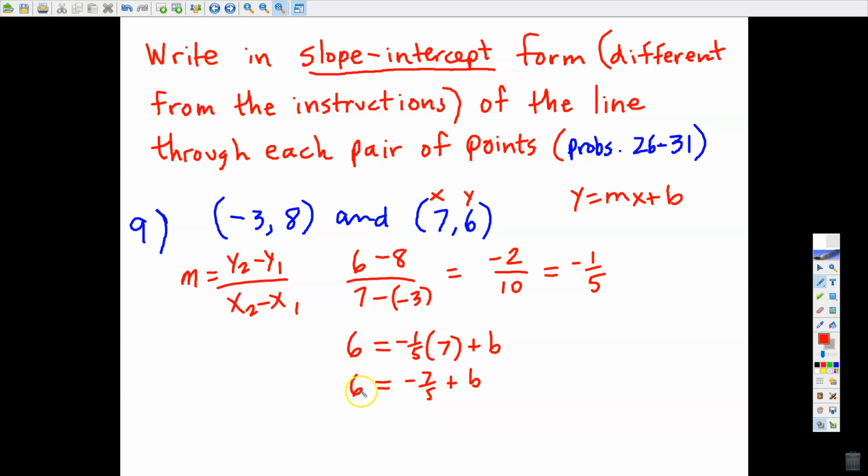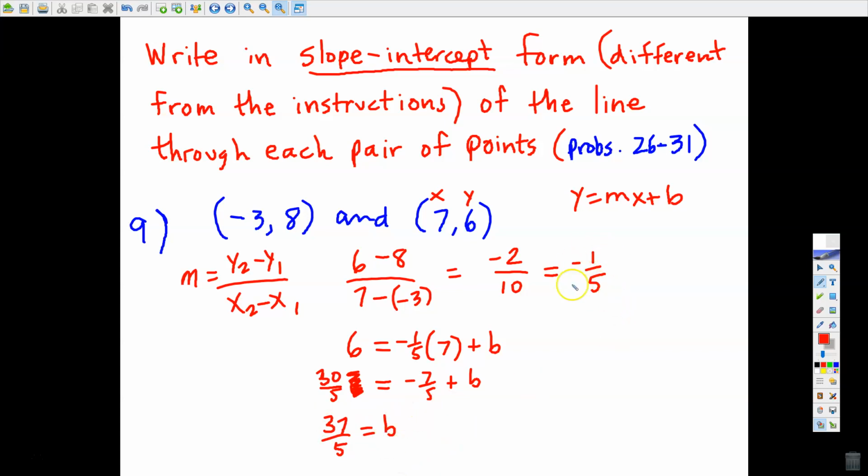And I know that 30 divided by 5 is 6. So I'm just going to mark out the 6. It's still equal to 6, but it's a fraction now that has the same denominator as this, and so I can add these two together without any problem. So when I add 7/5 to both sides, I get 37/5 is equal to b.